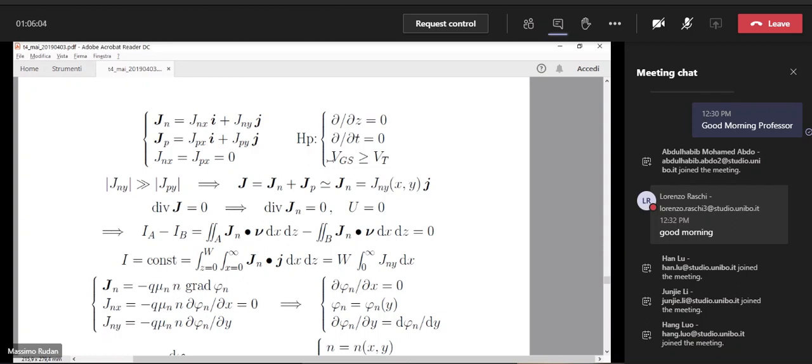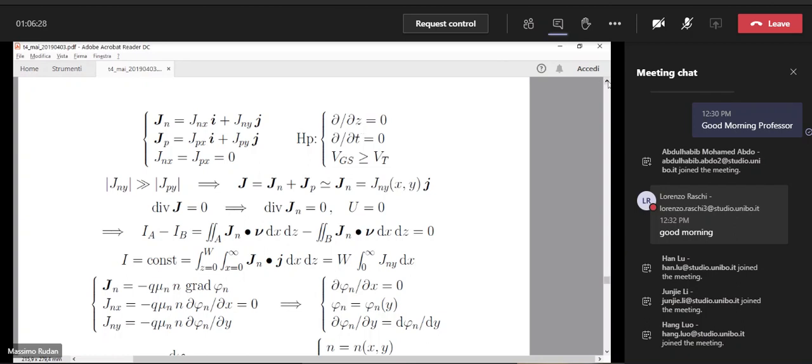VT is also called a threshold voltage. We don't know how to calculate the threshold voltage, but we shall do it later. And the condition VGS larger or equal than VT implies a well-formed channel.